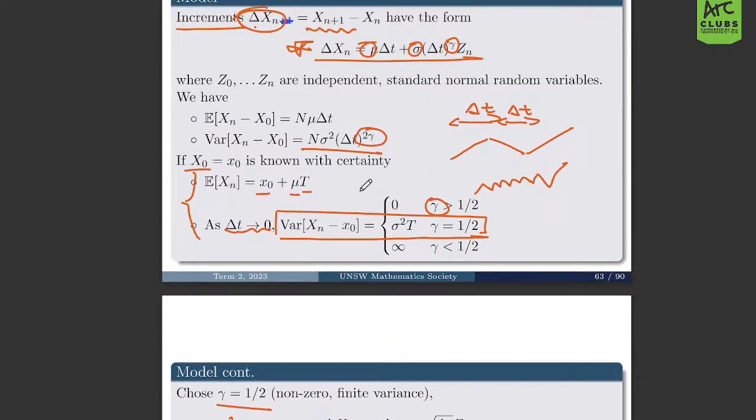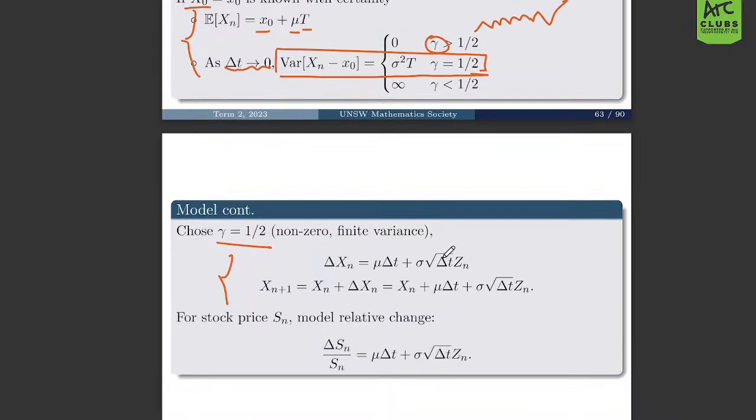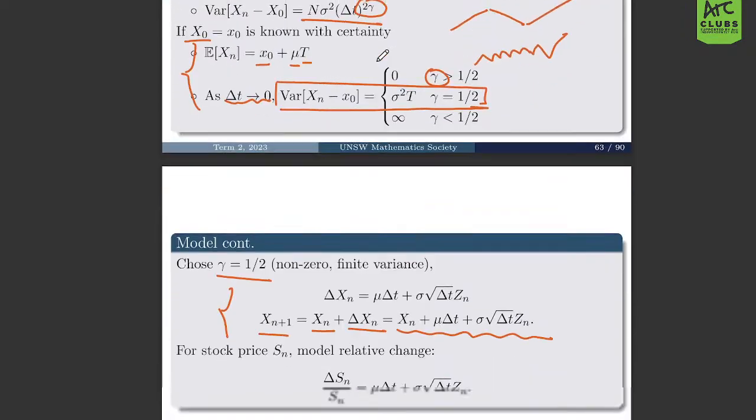So essentially it's the same thing, where you see that the gamma becomes the square root, and in order to predict the next step, xn plus 1, we will just have xn plus this value over here, which we have put in the model, which is basically the same thing as above, but just substituting a value in.